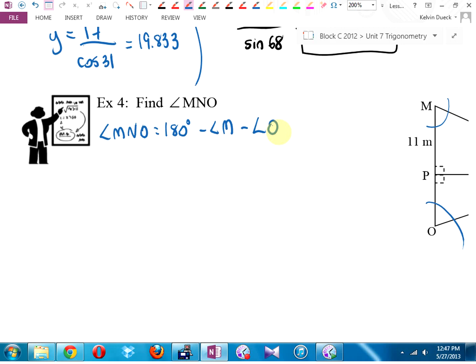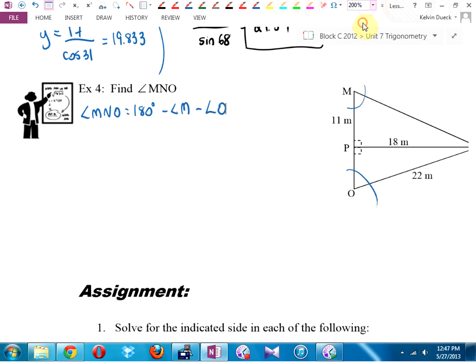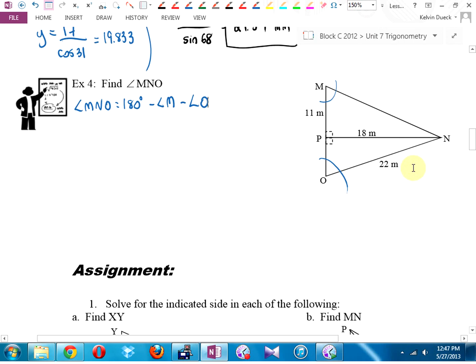All right, let us find angle M. I'll do it in red. So I'm going to erase my blue line, and I'm going to color it in red. Well, I see this 11: opposite, adjacent, or hypotenuse? Adjacent. What about this 18? Opposite. Which trig function can I use to find angle M?